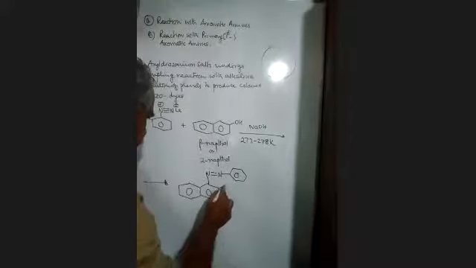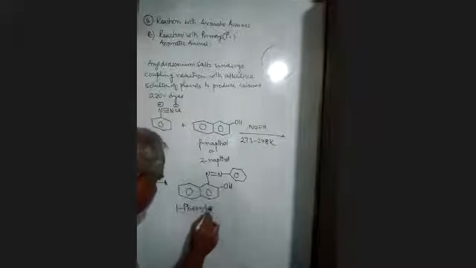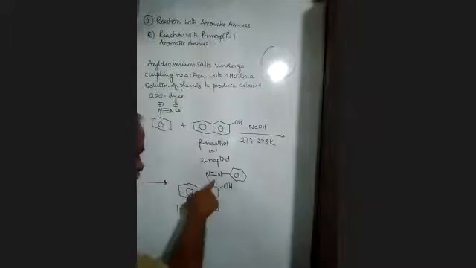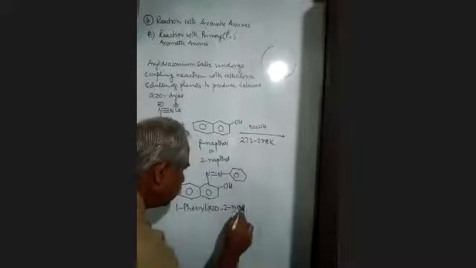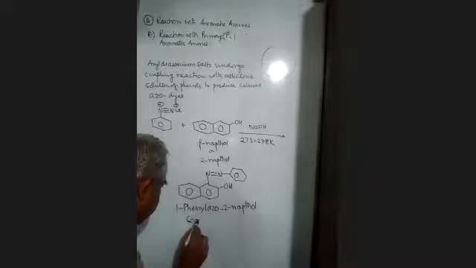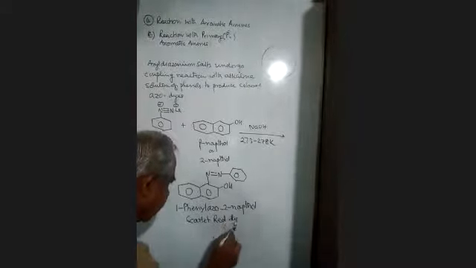Okay. This is okay. So name you did not bother, but anyway, I thought cannot go without name. 1-phenylazo-2-naphthol. So this is phenyl, this is called azo. It is a brilliant scarlet red dye.